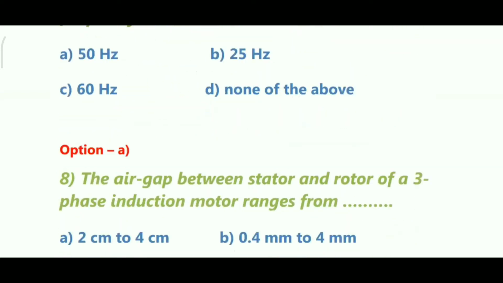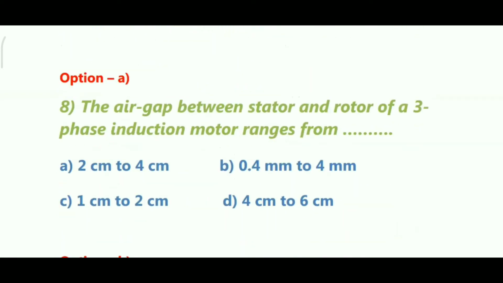So next question. The air gap between stator and rotor of a three-phase induction motor ranges from: option A, 2 cm to 4 cm; option B, 0.4 mm to 4 mm; option C, 1 cm to 2 cm; and option D, 4 cm to 6 cm.